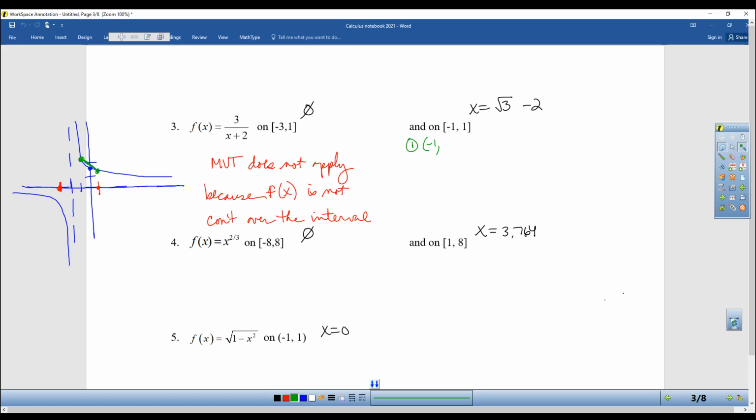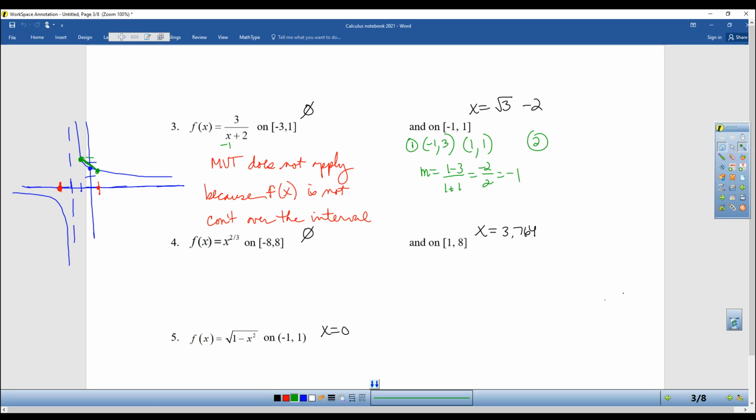I didn't actually plug it in. I just kind of guessed at that. But if I plug in -1 in here, it's actually 3. A little higher than I drew it. And at 1, it's going to be 1. So my slope is 1 minus 3 over 1 minus -1. Negative 2 over 2 is negative 1.